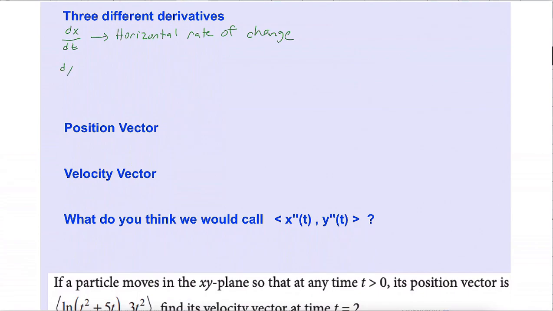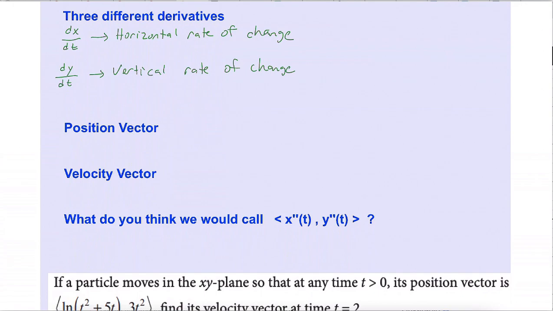Well, if we talk about how much the coordinate is moving left or right at any given moment in time, we can talk about how quickly or how much the coordinate is moving up and down at any rate in time. That's the vertical rate of change. dy dt is the vertical rate of change.